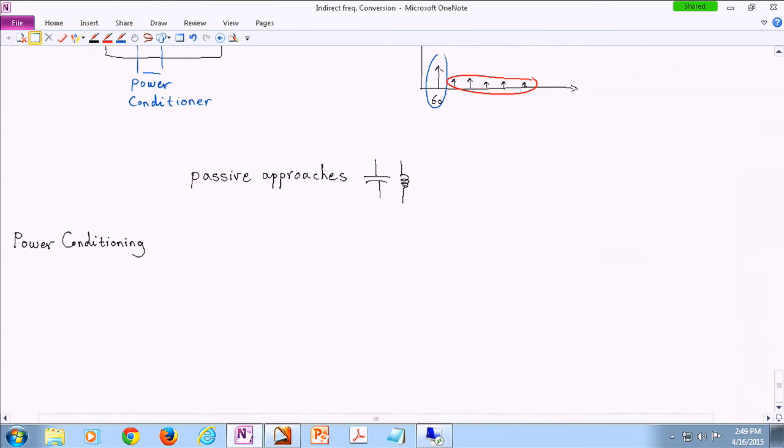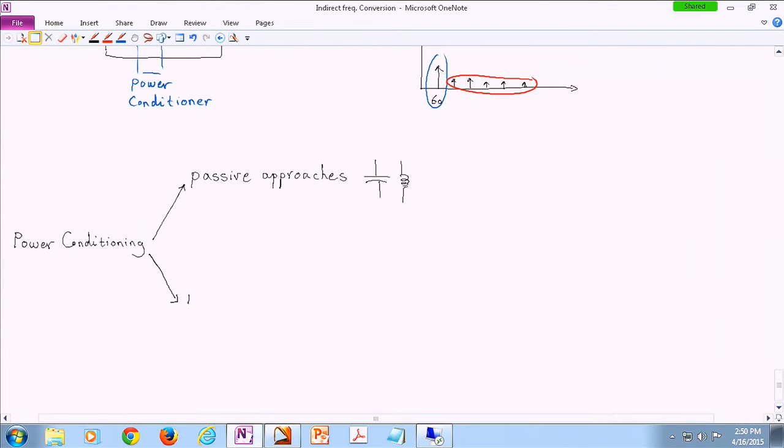A passive filter that would allow the 60 hertz fundamental harmonic to pass through and would attenuate the rest of the harmonics. Now the problem with using a passive filter is, because your frequency is so low, it is only 60 hertz, the size of the elements that you need to use, which are capacitors and inductors, are going to be very huge. So you're looking at something that is relatively large and bulky and probably expensive.